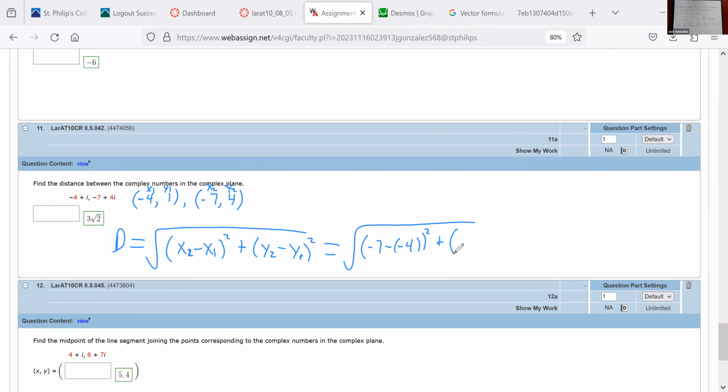To -7 minus -4. Y2 is 4 minus 1, okay. 7, -7 plus 4, that would be -3, so that'll be 9 plus 9.